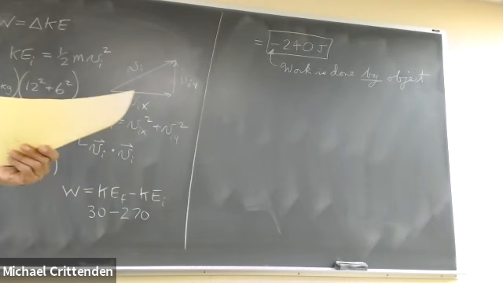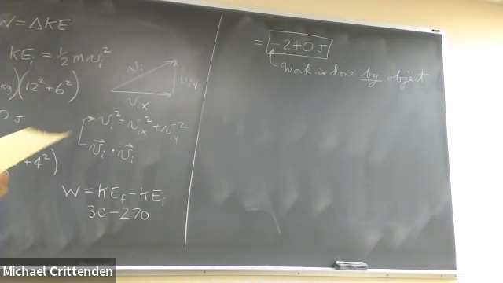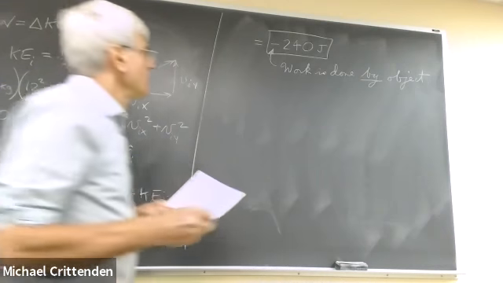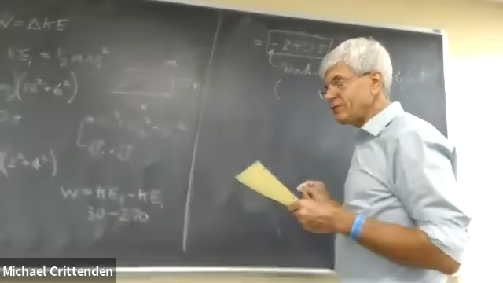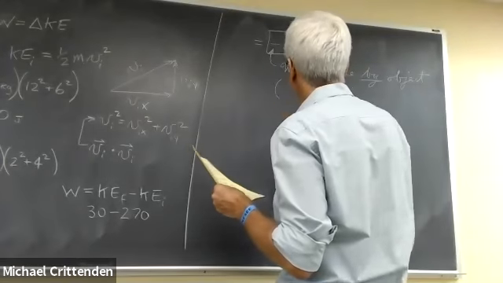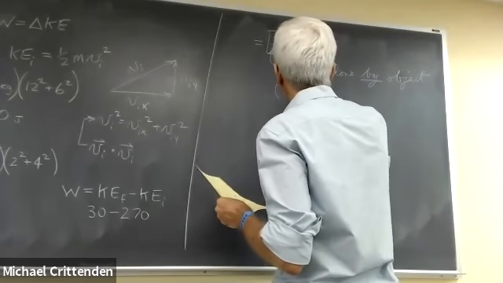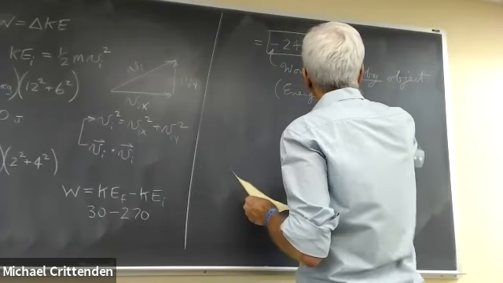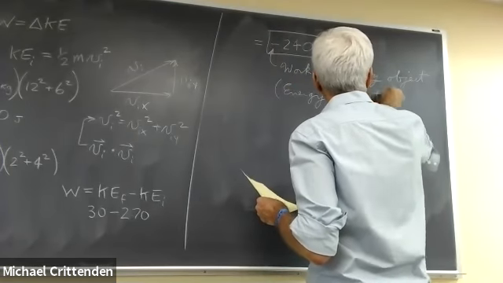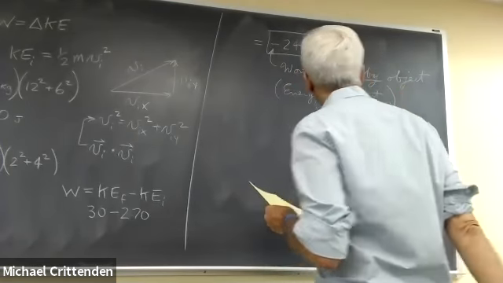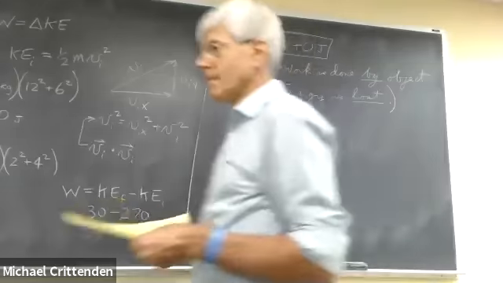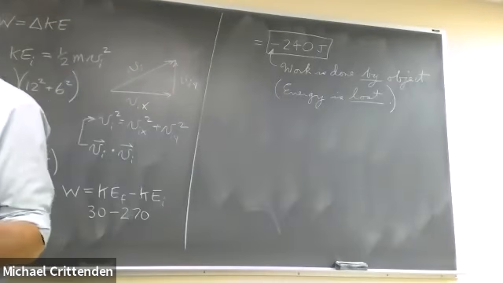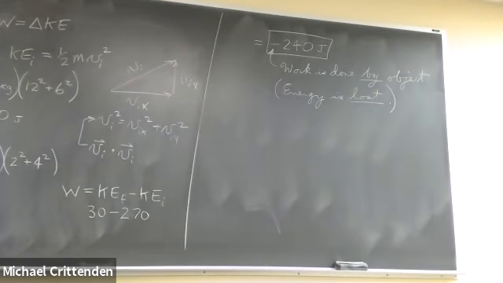If work is being done by the object, then the work is negative. On the object, meaning energy is being added to it. In this case, energy is being lost. With any kind of a change, gains are positive, losses are negative.